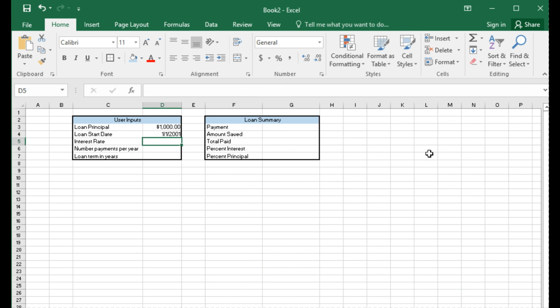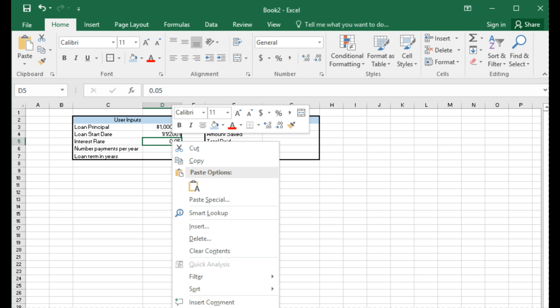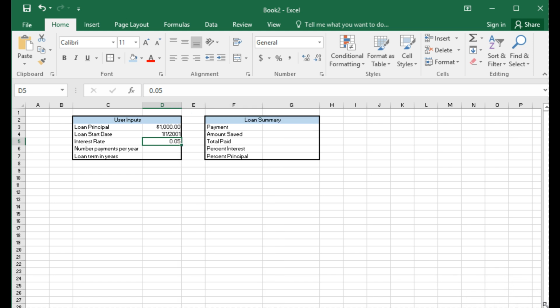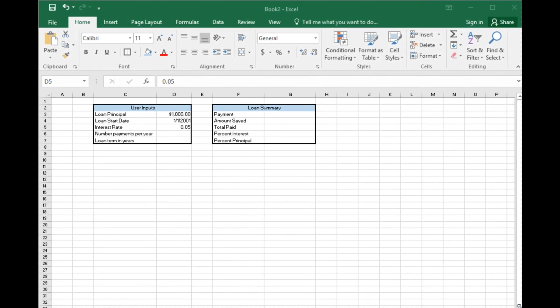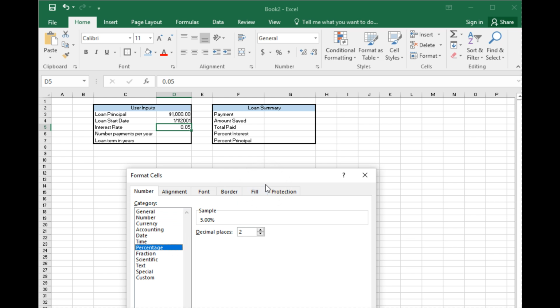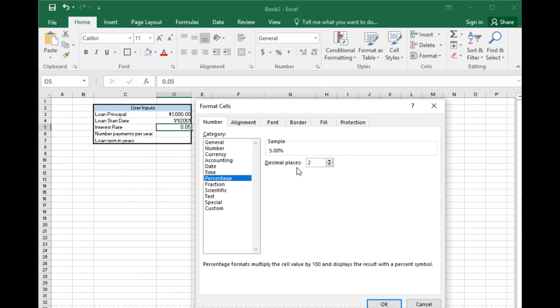Interest rate. So we would like Excel to know that this is indeed an interest rate. Let me go ahead and drop this window down a little bit. Format cell and tell it it's working with a percent, and to let it round to 2 decimal places.